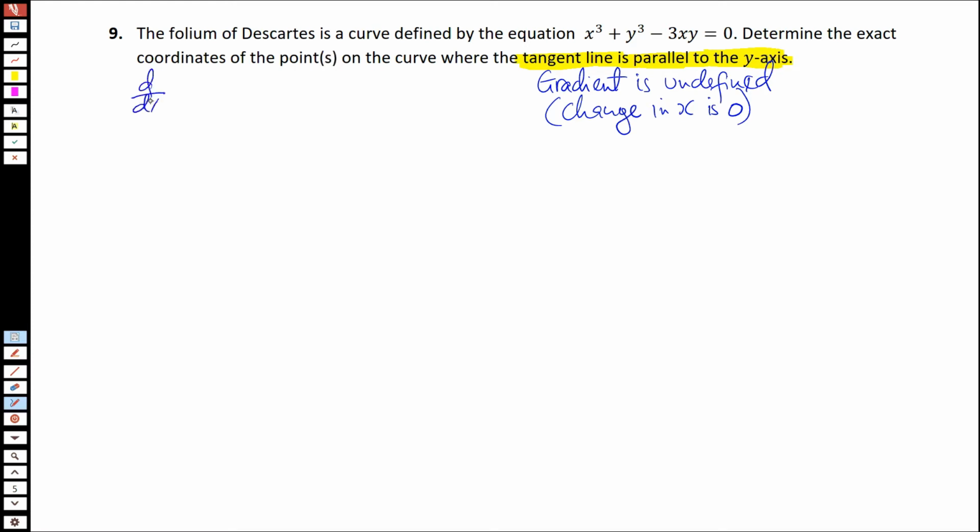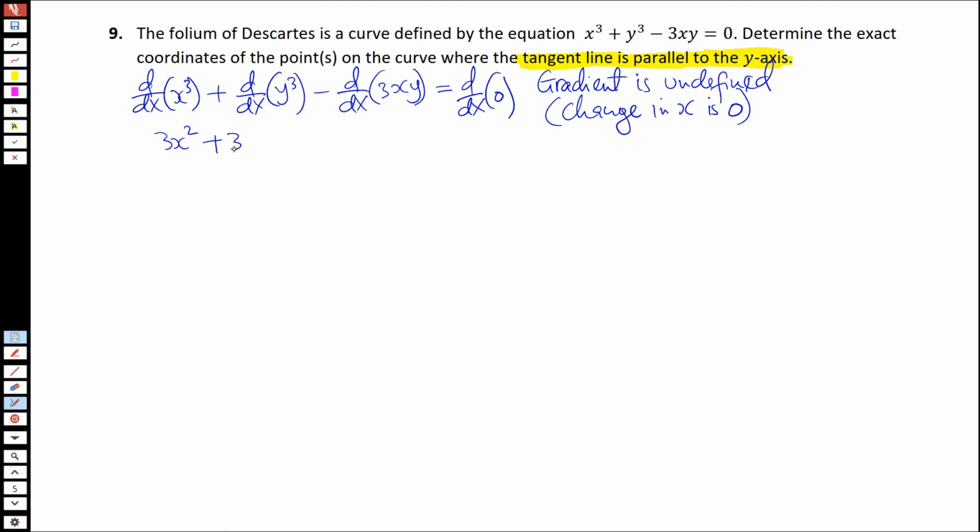So d over dx of x cubed plus the derivative of y cubed minus the derivative of 3xy, which will be equal to the derivative of 0, which is just 0. So from the left, this will be 3x squared, and here that will be 3y squared dy over dx.